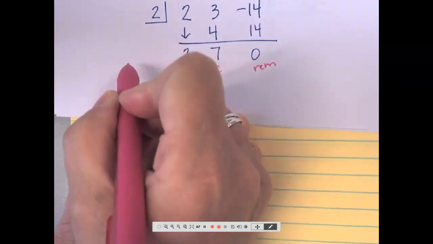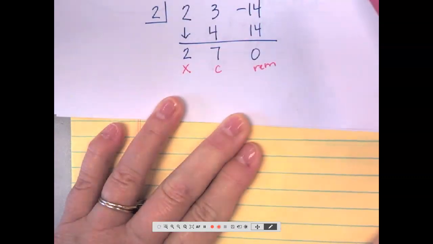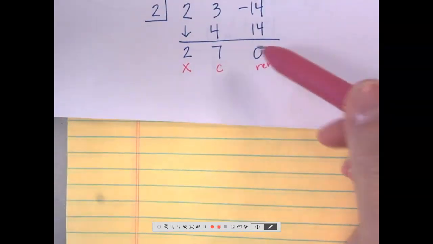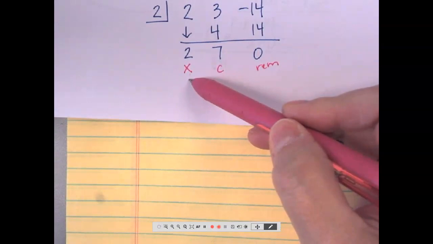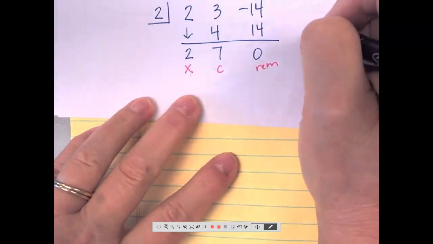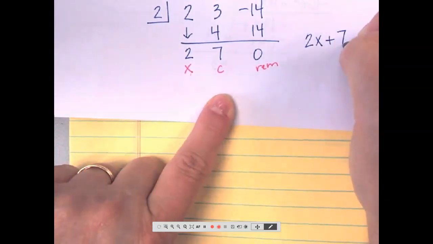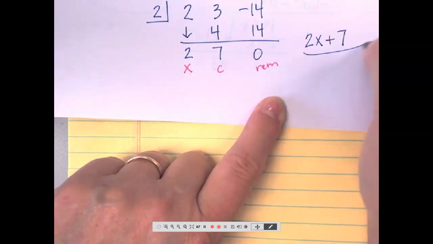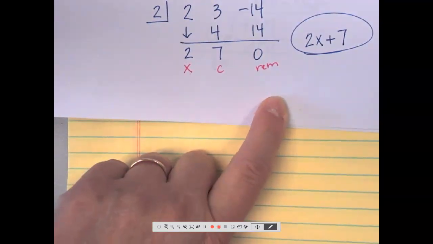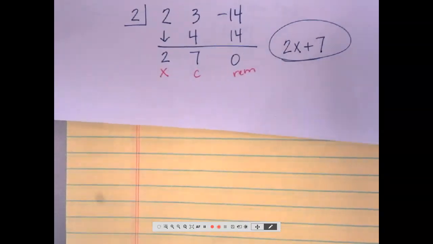If I had another number, it would be the x squared, and if I had another one, it'd be x cubed. Doesn't it make sense that if I divided x squared by an x, I should only have an x? So then we have to put that in context. This is 2x plus 7, because it's a positive 7, and no remainder. So there we go. Faster.